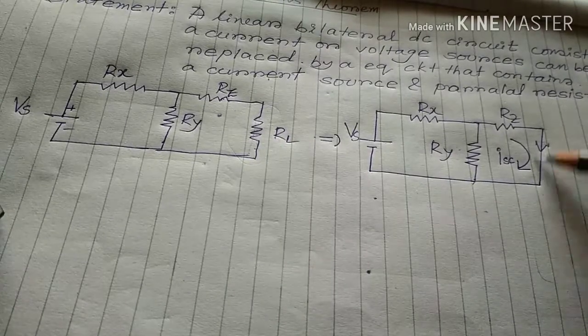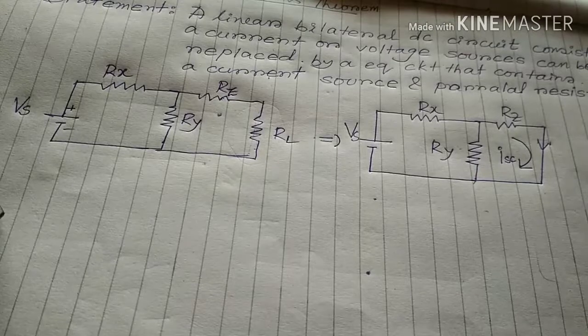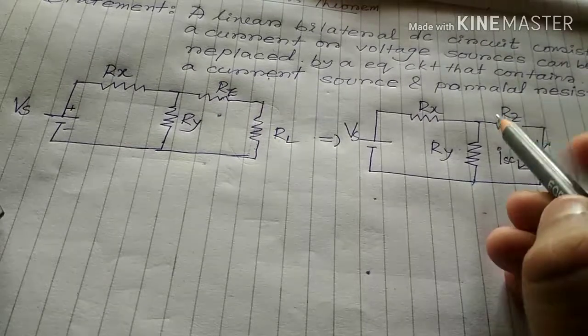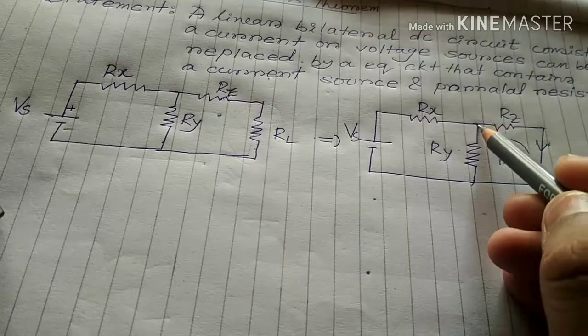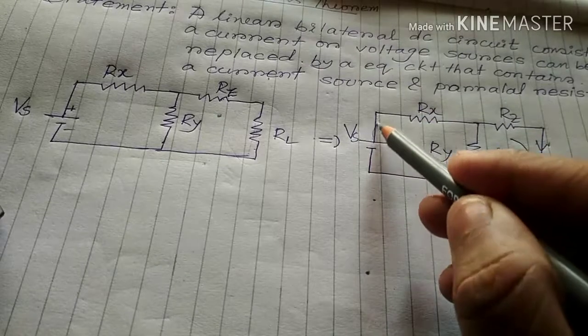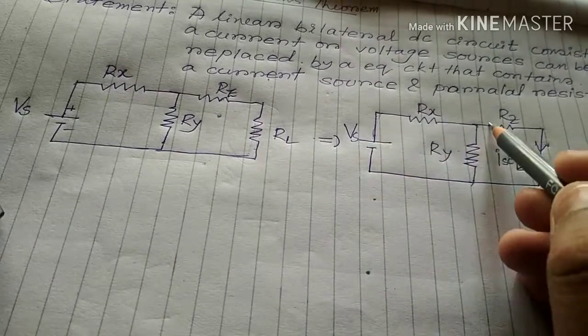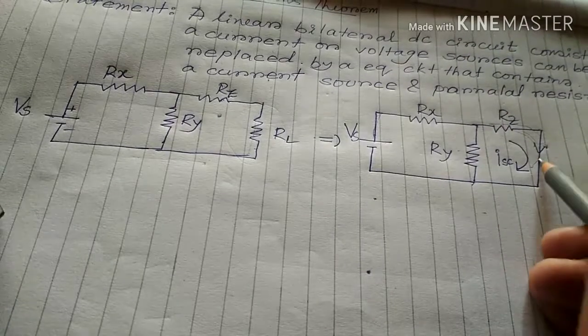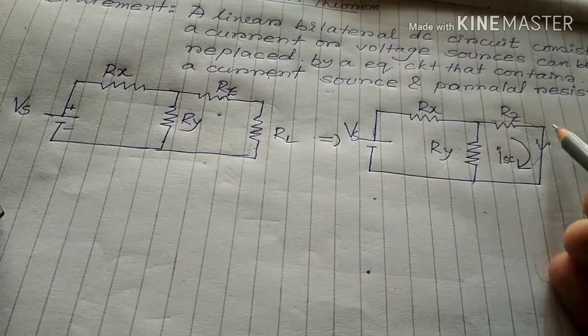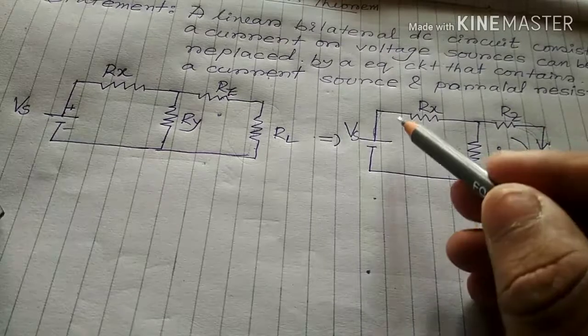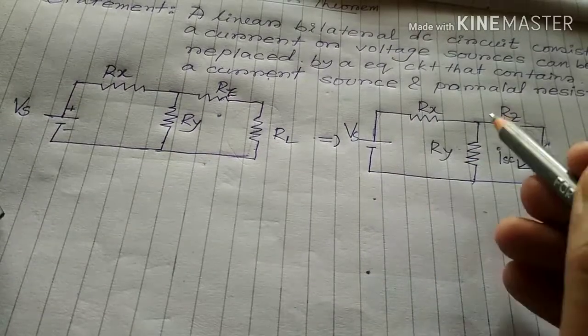At first we calculate the total current through the whole circuit, and then we need to divide the current. This is the total current, and it is divided into two branches. This is the short circuit branch. So we need to calculate the short circuit branch current from the total current.